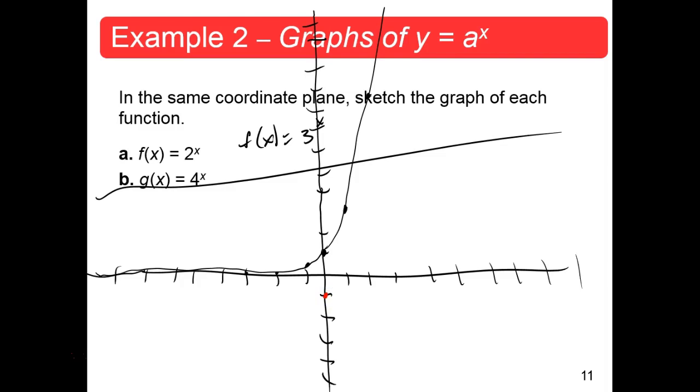There, there, there, there, there, there. Okay. So here is our new graph.